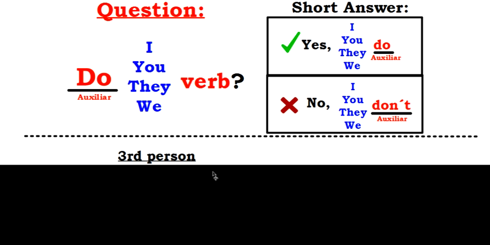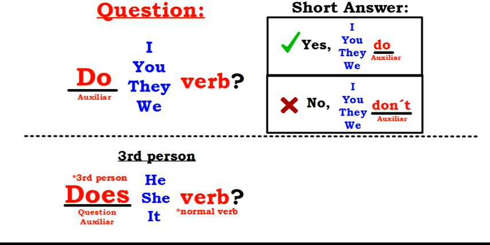Now, for the third person, remember, he, she, and it is for the third person. Our auxiliary for the question is does. It's the third person conjugation. So we use does, the subject, and the verb. And remember, we use the normal verb, no S. The third person conjugation is on the question auxiliary.